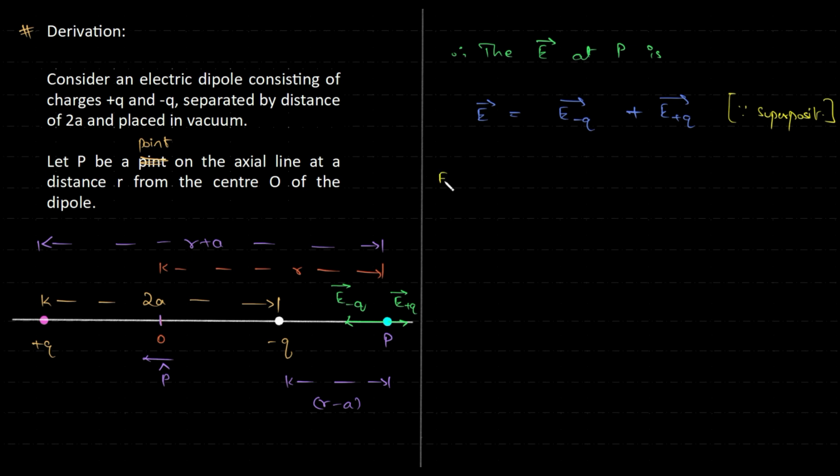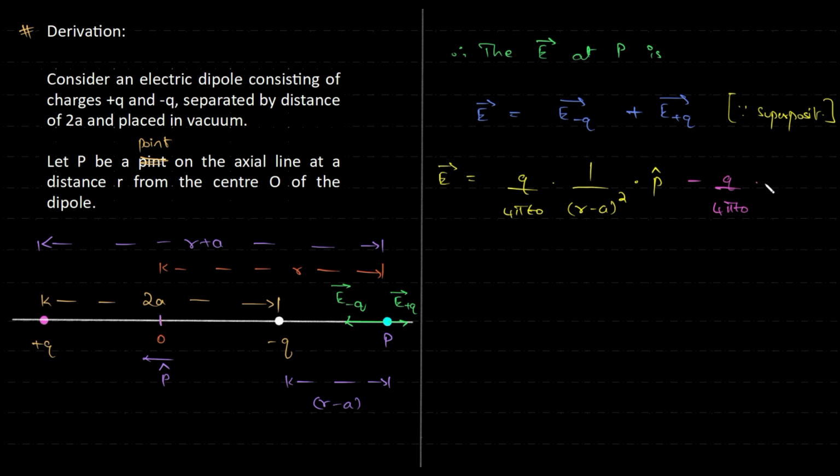Now, when you open it up, how does this look? Well, we have Q by 4 pi epsilon naught into 1 by r minus a the whole square. That's how far the negative charge is. Into, again, we're looking at vector representation, p cap, because it's in the direction of p. Can you see that? It's a pull, so it's in the direction of p itself. So it is positive, while this would be negative. Which one?